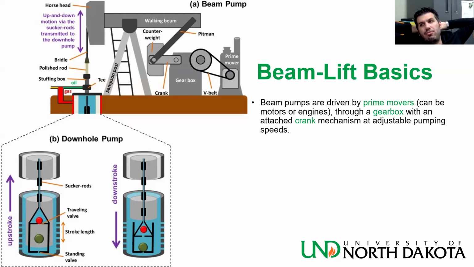And then as you are moving downstroke, the opposite happens. Traveling valve is open, the red ball moves away from the gap that it's sealing, and the standing valve stays closed. So you are basically helping move the fluid that already got into the barrel move higher. And this process brings fluid slowly to the surface.